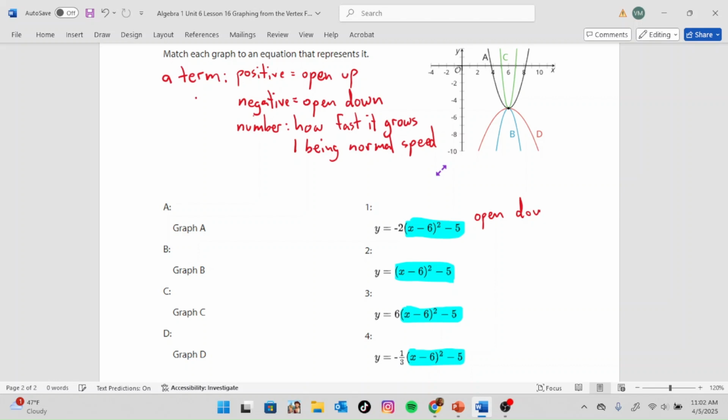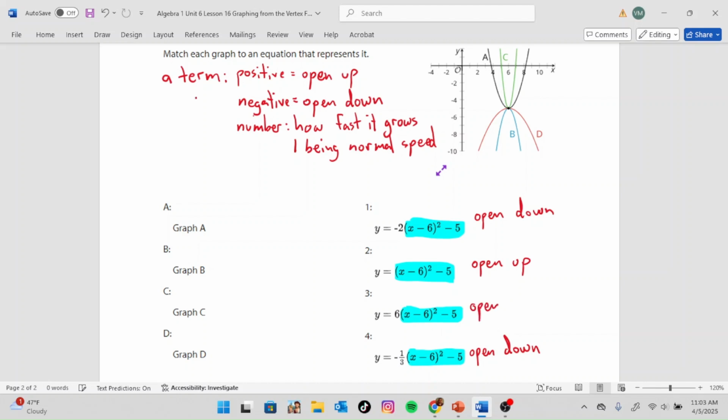And that is because their A term is negative. If we look at 2 and 3, their A terms are 1 and 6. So since they're positive, these 2 are opening up.